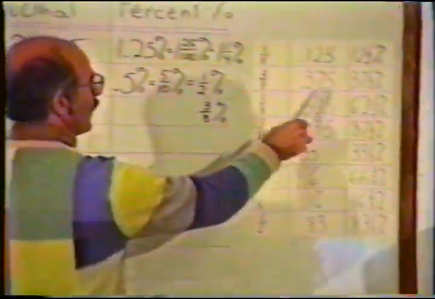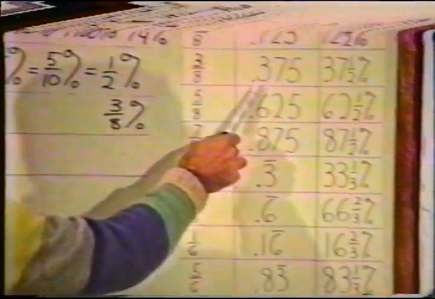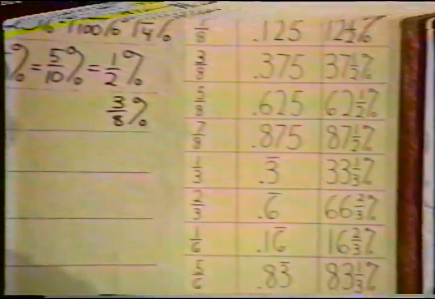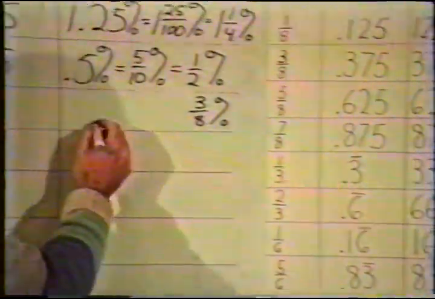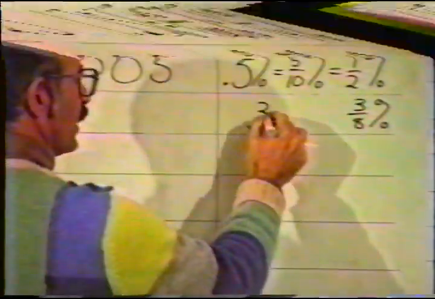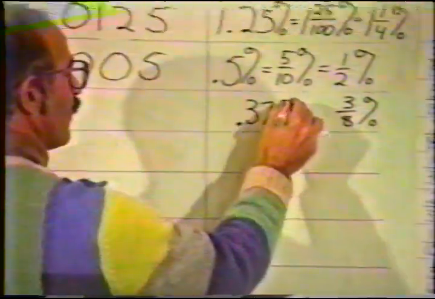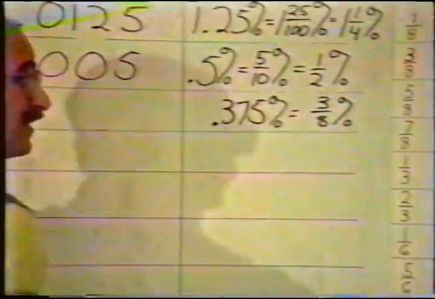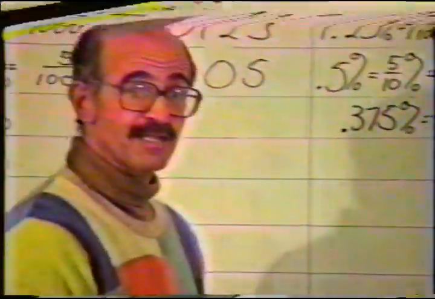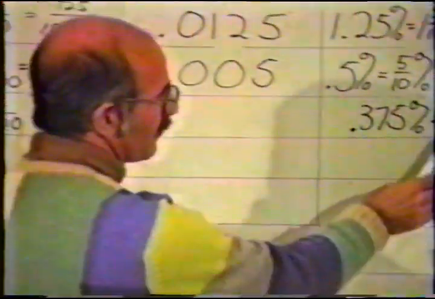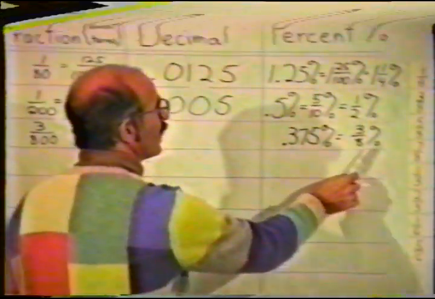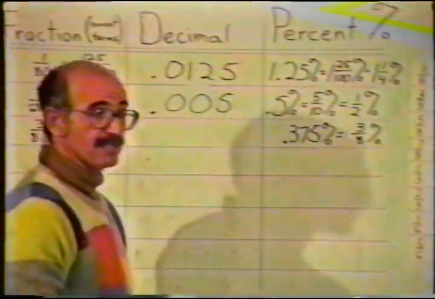3/8 is a memory percent, and we know that as a decimal, it's 0.375. So we can change the 3/8 to 0.375, but that's still a percent. We haven't changed it from a percent to a decimal. We've just taken this little fraction and changed that to a decimal, but both of them are still percents.